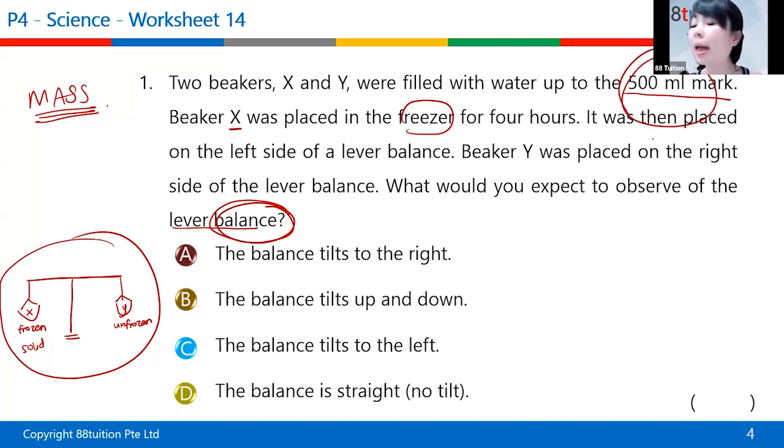Both are 500 ml. It is made up of the same amount of water. It contains the same substance. No matter whether it's in solid state or liquid state, Liling, will the weight change? No. Exactly. So the answer is D.